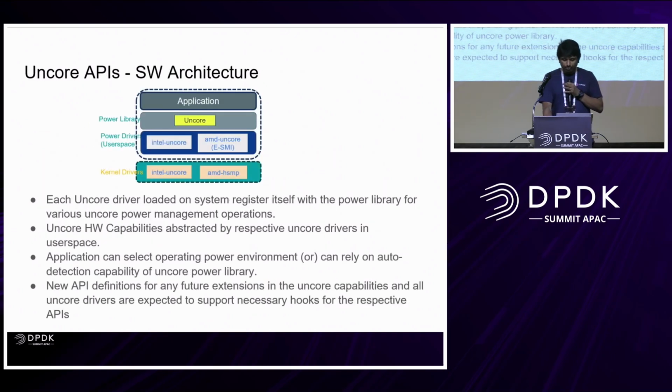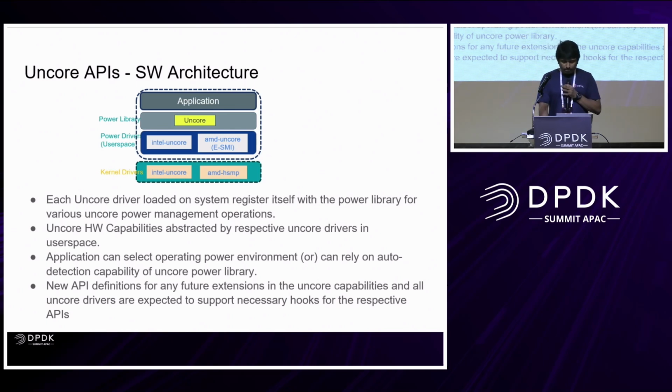So the Uncore software architecture, post refactor, will look something like this, where you have the application and then a generic Uncore library. Under the hood, we have various user space drivers for different vendors, which are again coupled with the kernel.